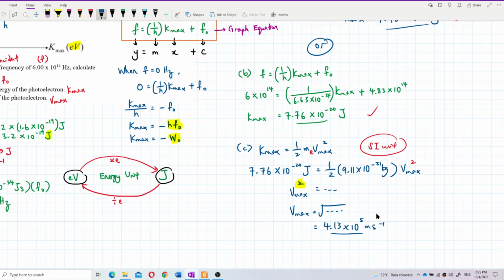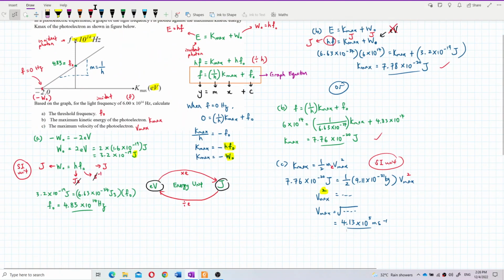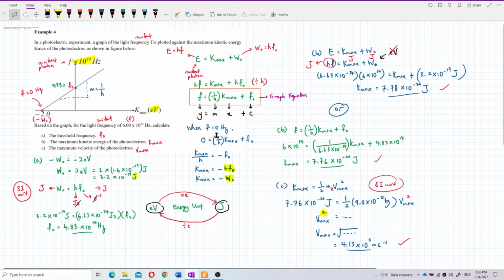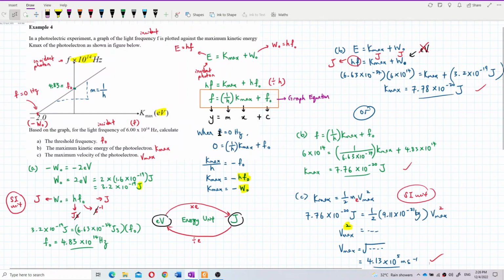Let me calculate again. 7.76 exponent negative 20 multiply 2, and then divide by 9.11 exponent negative 31, and then I square root the answer. I get 4.13 exponent 5 meter per second. So that's the Vmax. Very easy. That's the answer for this question.